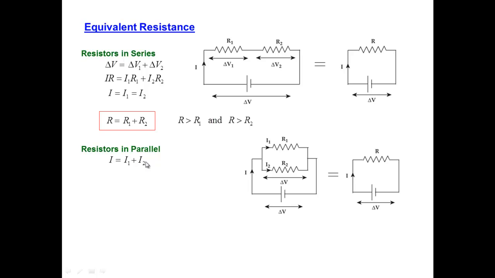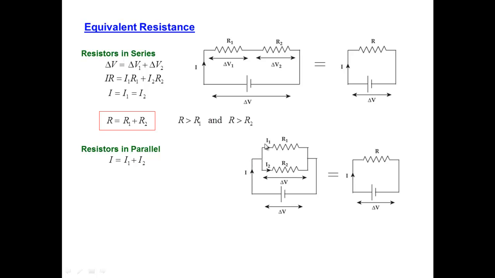Well, the one thing that we can say right off the bat is that the current flowing into the parallel arrangement, I, that's the current coming out of the battery, has to go somewhere. When it reaches that node or junction, some of it will go through the upper resistor, and that's I1. Some will go through the lower resistor, I2, but I1 plus I2 has to equal the current coming in.